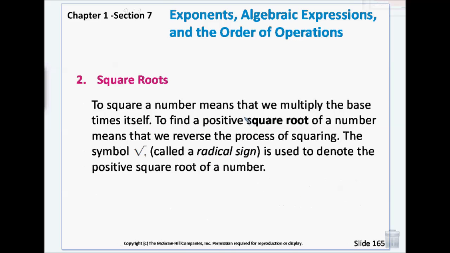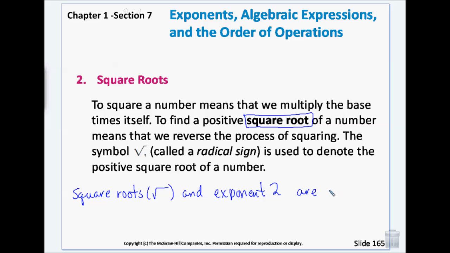Write all this down. But square roots, so we have square roots, which look like that, and the exponent 2 are reverse of each other. Okay, and that's called an inverse operation.